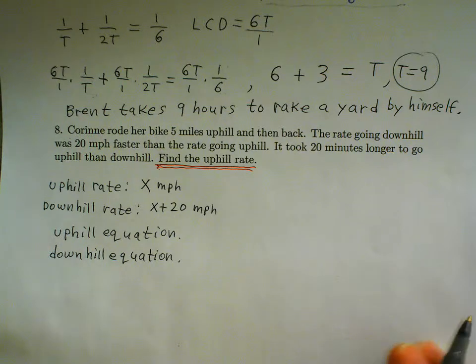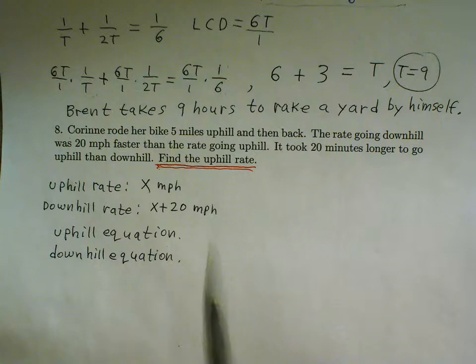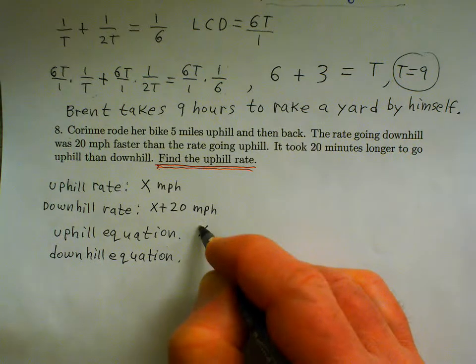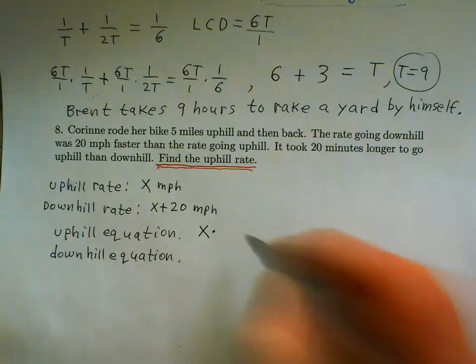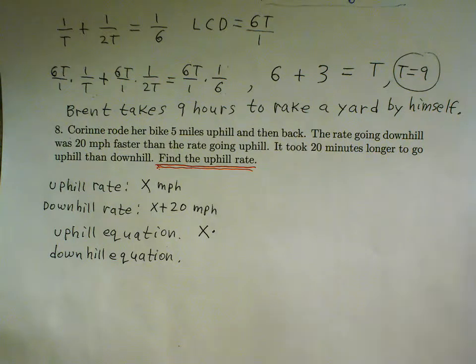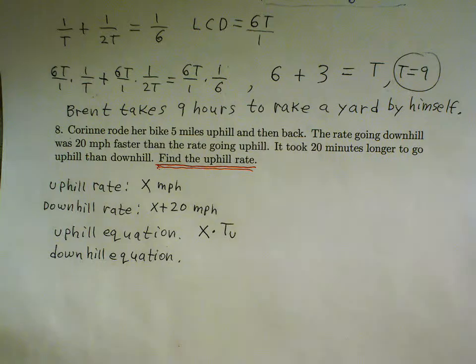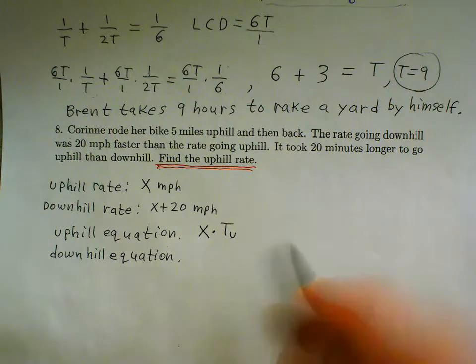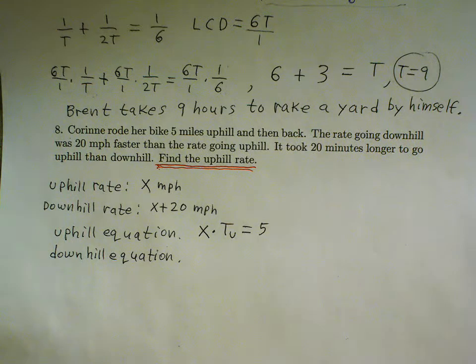Okay, rate times time equals distance. So going uphill, we're using X to represent the rate in miles per hour. We don't know specifically how much time it was, so we'll use T sub U to represent the amount of time it took to ride the bike a distance of 5 miles uphill.